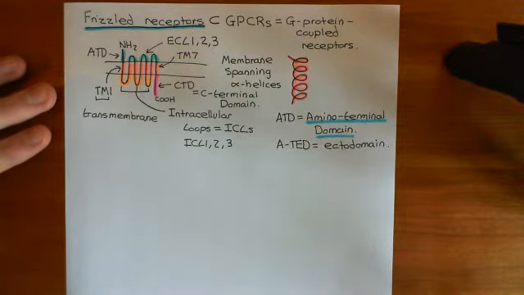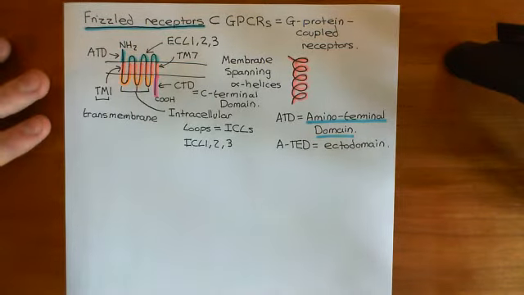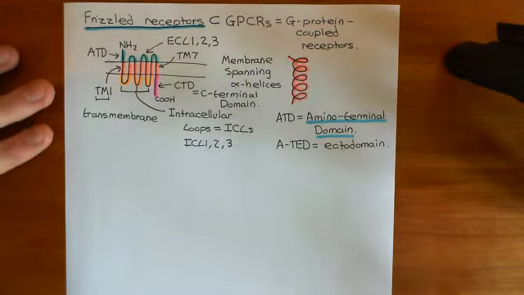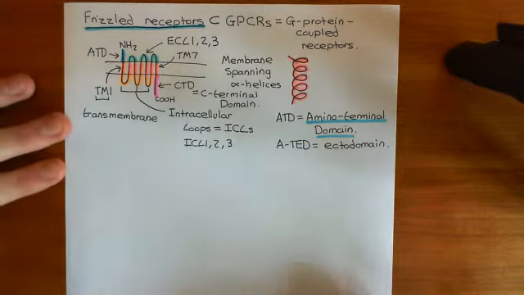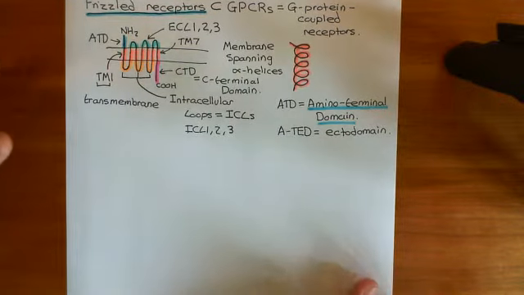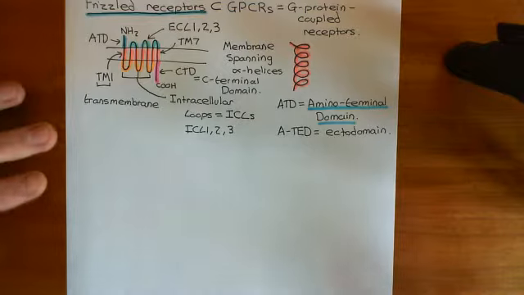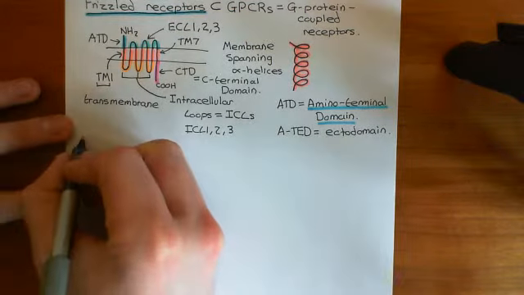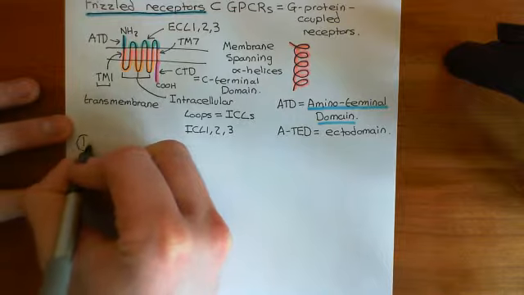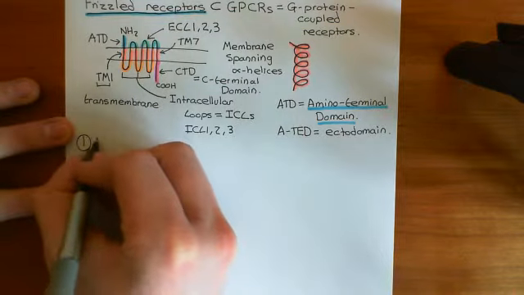I'm doing this so that we get a big overall picture of where the Frizzled receptors fit into the family of G-protein coupled receptors. They are actually in the 5th family, so we're going to have to go through all 5 families to get to the final family. But it will be worth it. It will give us a good understanding of where the Frizzled receptors fit into this massive, great superfamily of G-protein coupled receptors. So we'll start with family number 1 of G-protein coupled receptors.